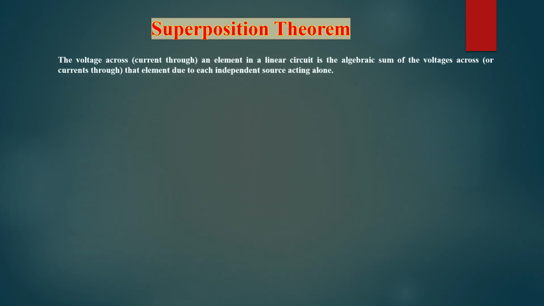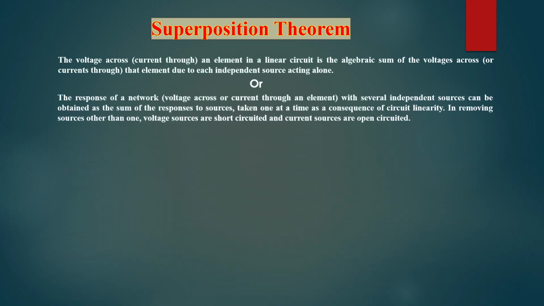Superposition theorem: the voltage across or current through an element in a linear circuit is the algebraic sum of the voltage across or current through that element due to each independent source acting alone. Okay, we'll understand it with another explanation.